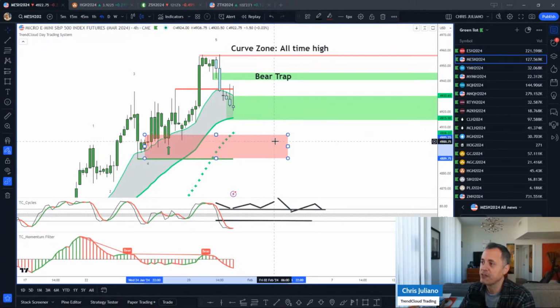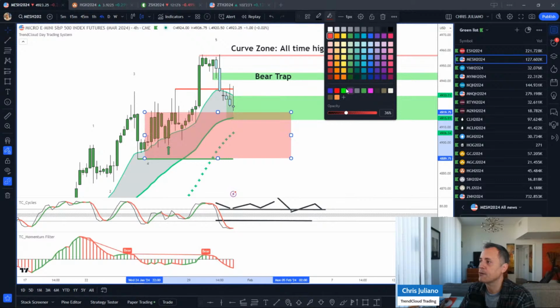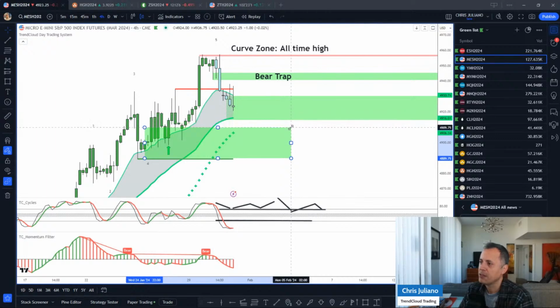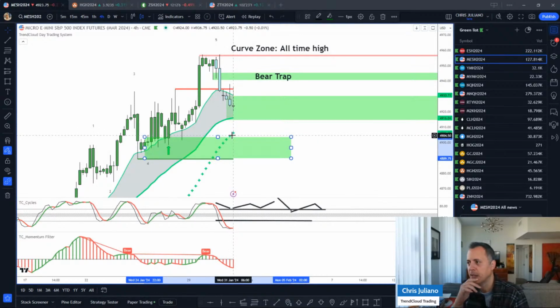So this whole area on the 4-hour chart is all basing candles, but we know that we're shooting for something below the 50 simple. Isn't that interesting? So that's probably where it wants to go.